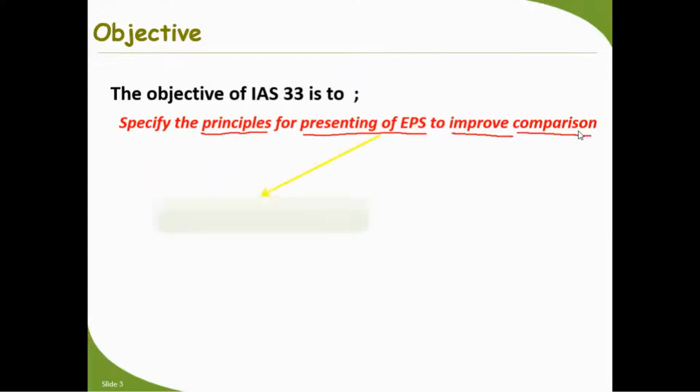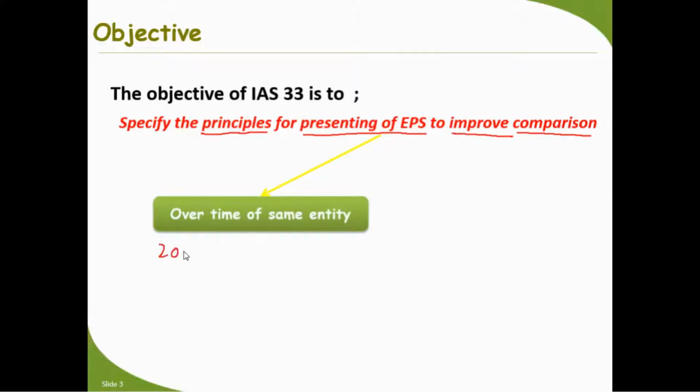What is the intent behind that presentation of EPS? It is to improve comparison for two things. Number one, over time of the same entity, to compare the EPS of the same entity for different time periods. Let's assume this is 20x9. It will be compared with 20y0. Then it will be compared with 20y1.